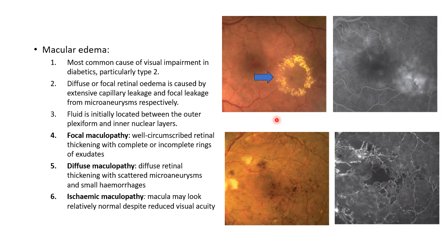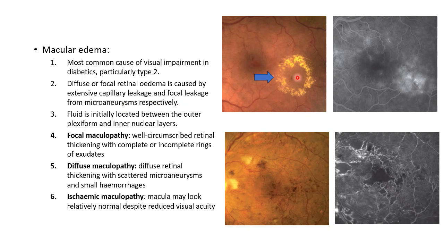So when we say macular edema, we are talking of both retinal thickening and hard exudates at the macula. It can be diffuse or focal. If diffuse, it is caused by extensive capillary leakage. If focal, it is caused by focal leakage from microaneurysms.